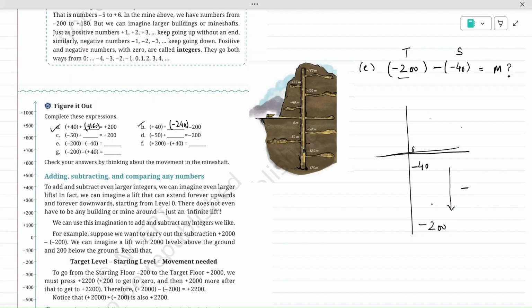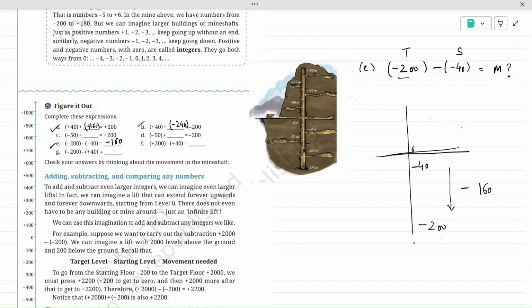Now from 40 to 200, if I have to reach, how many steps do I have to take? I have to take 160 steps to reach from 40 to 200. But it will be minus because we are moving down here. So our answer will be minus 160. I hope this is clear, kids. Our target is minus 200 and starting point is minus 40.